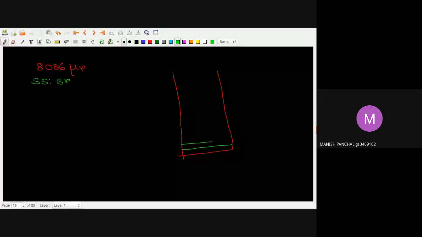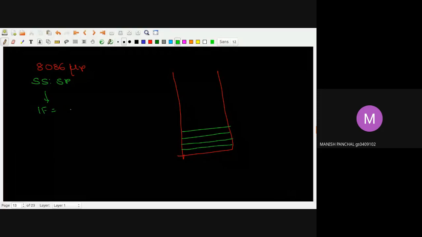So no value will be stored here in the case of this one, and again it will be decremented by 2. The first operation is that the IF will be reset. The interrupt system is disabled by clearing the IF, so IF will be 0.